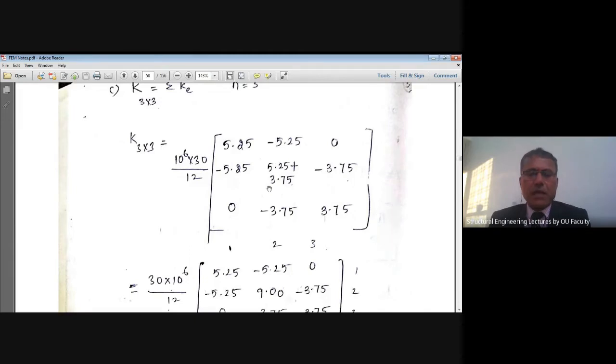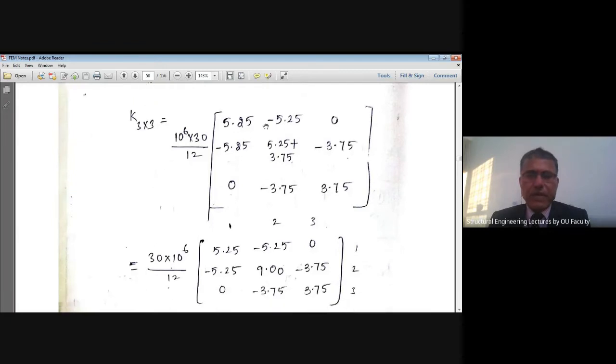Then the second node being common for the first and second element, it is getting contribution from the first element as well as the second element. Therefore, the contribution from the second element in terms of the stiffnesses is 3.75, minus 3.75, minus 3.75, 3.75, whereas these are the 0, 0.